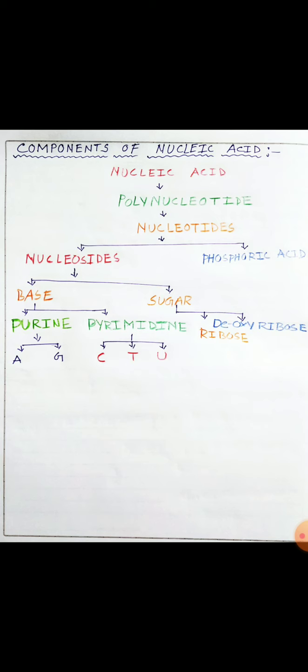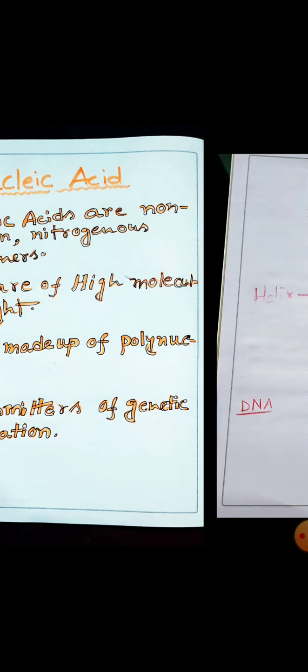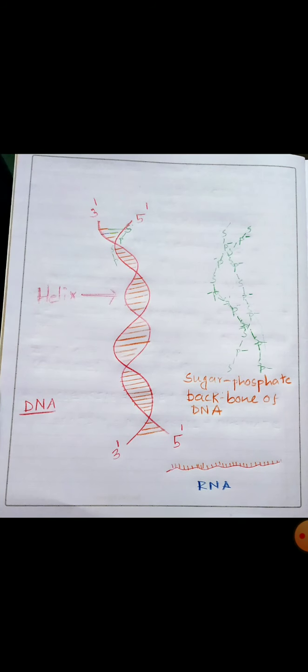The phosphodiester bonds are relatively strong, so the repeated sugar-phosphate backbone of DNA and RNA is a stable structure. However, the DNA molecule is more stable than RNA.